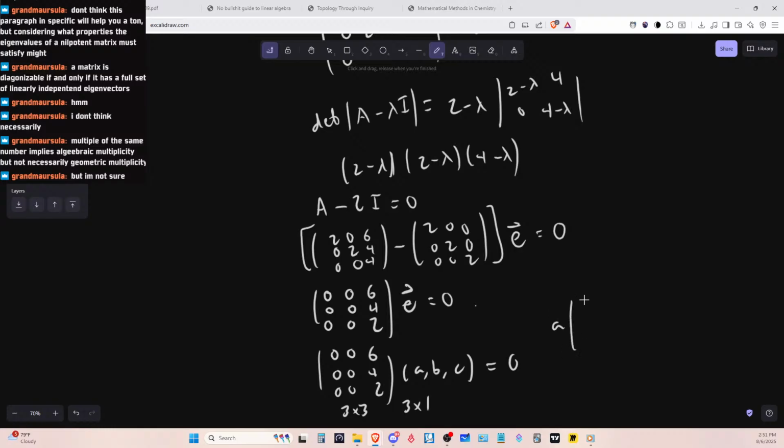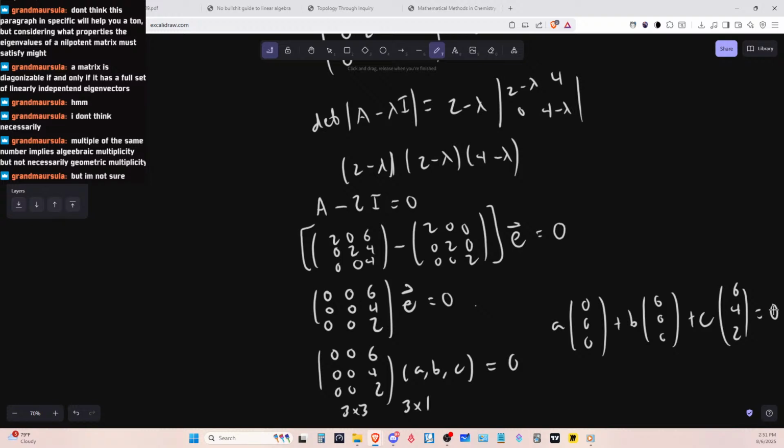If we think about it, we're left with zeros here, then zeros here, and then we're left with C here, which is 6, 2 equals 0.